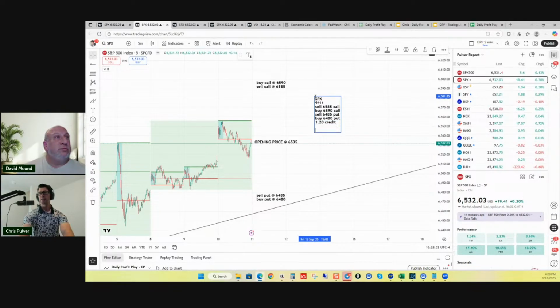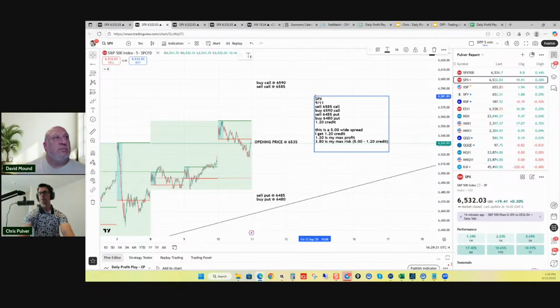I get $1.20 credit, which means this is a $5 wide spread in either direction. I don't need a direction here. So I get $1.20 credit, which means 120 is my max profit. And $3.80 is my max risk, which is the $5 minus the $1.20 credit. Everyone following that math?